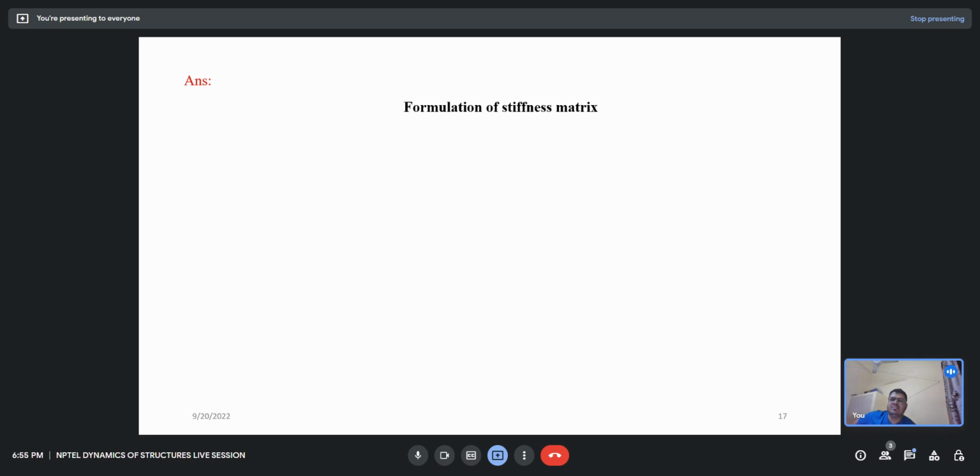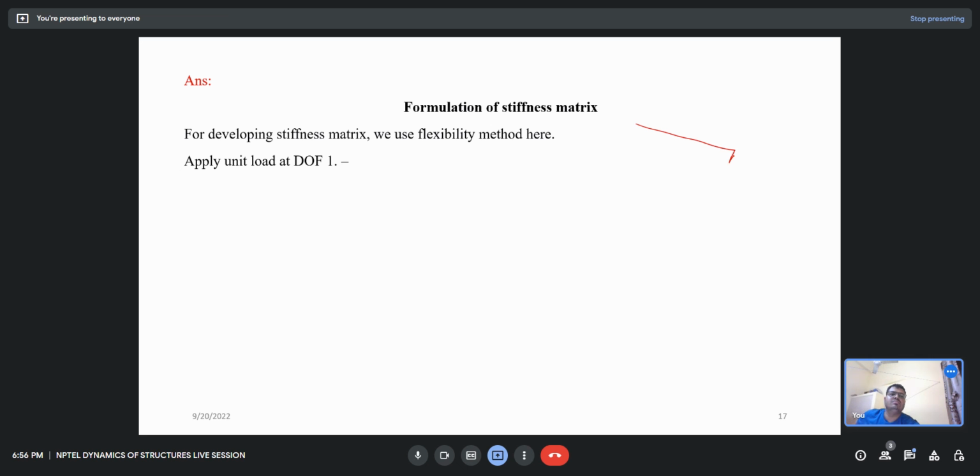So for formulation of the stiffness matrix, for developing the stiffness, we use the flexibility method here. So apply the unit load at degree of freedom 1. Like in this beam, that is degree of freedom 1 and that is degree of freedom 2. If you apply the unit load to this degree of freedom, in the upward or downward direction, it deflects like this and the beam goes linearly, like I have shown in this diagram.